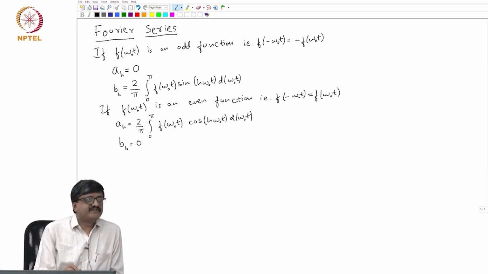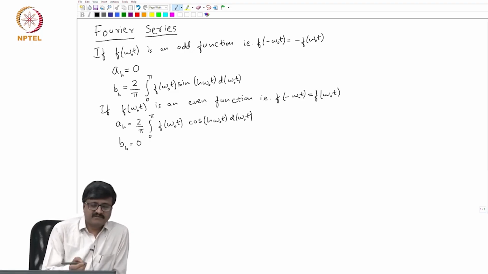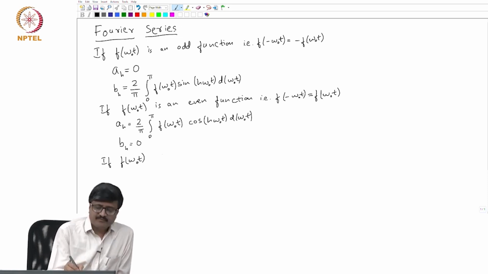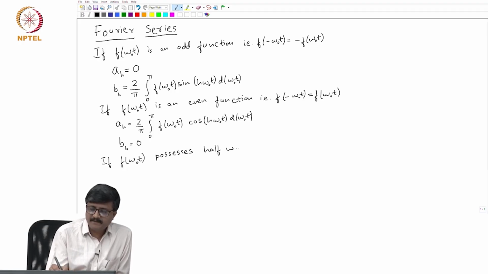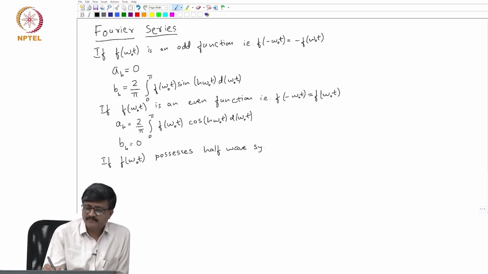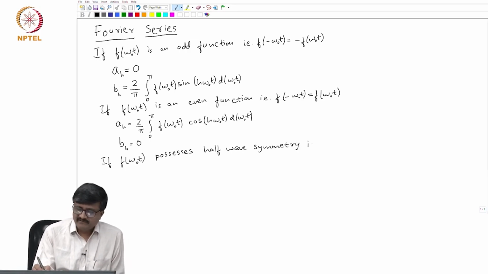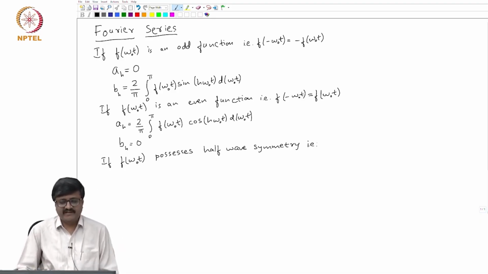There are other types of symmetries, for example, half wave symmetry and quarter wave symmetry. Let me define half wave symmetry. If f of omega o t possesses half wave symmetry, the term half wave actually indicates that the entire information is contained in half a cycle.